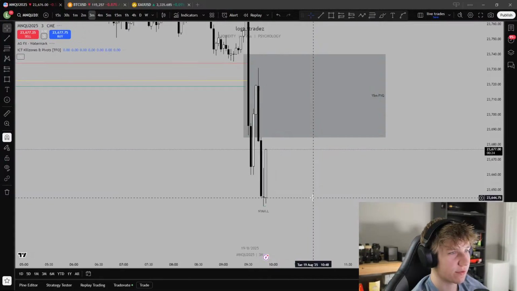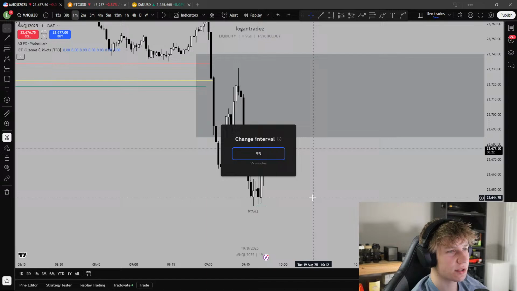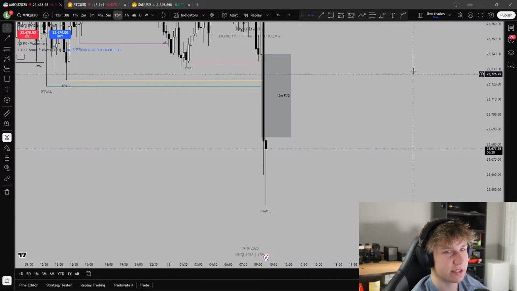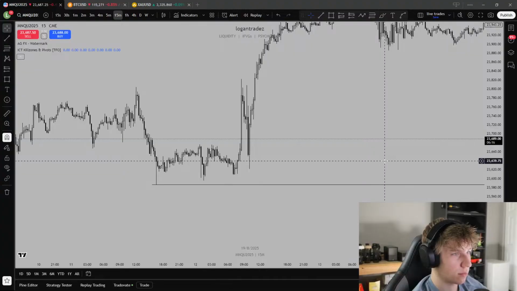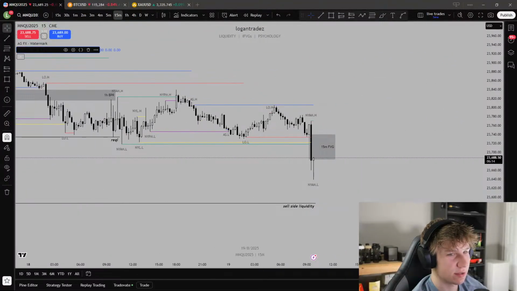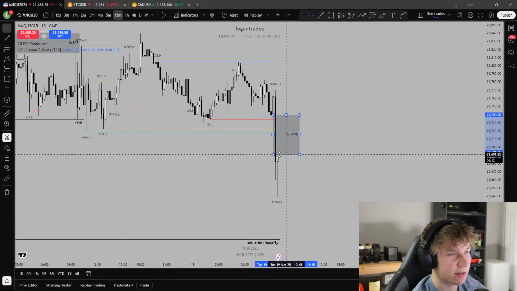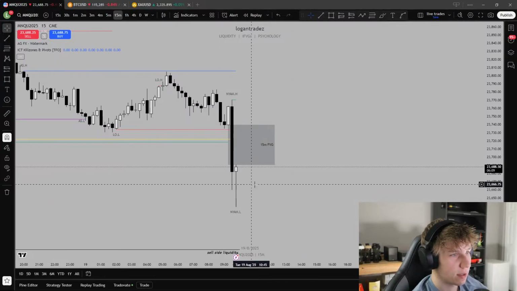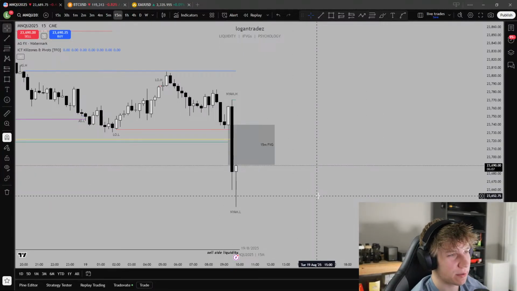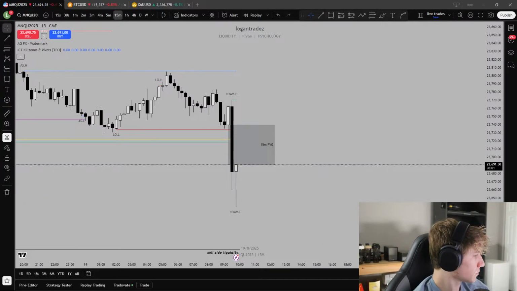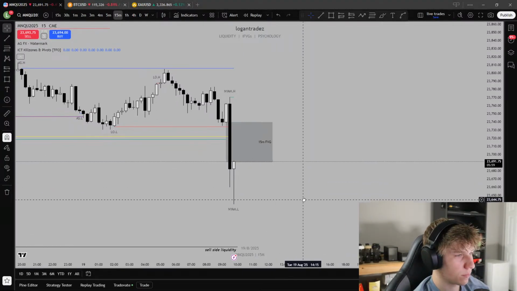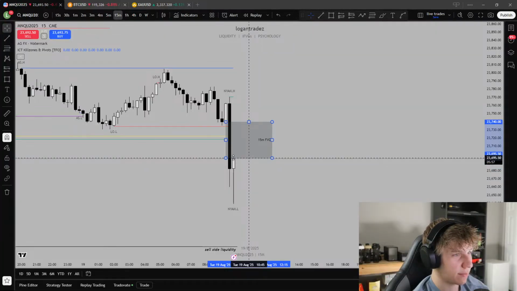It is really rough right now. There's nothing to hold us up here, but we're super far in discount. Yeah, and price just was not helping us out there. Price was just being annoying. It was a clear bias, but price was just chopping.